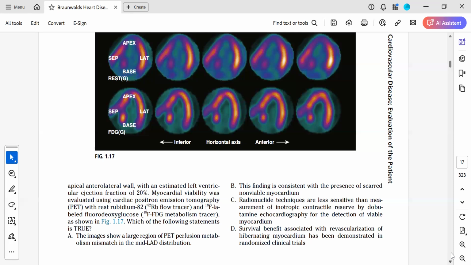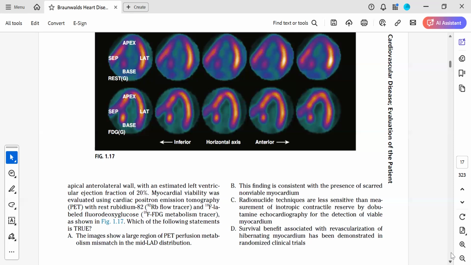So going to the last part, option D: survival benefit associated with revascularization of hibernating myocardium has been demonstrated in randomized clinical trials.